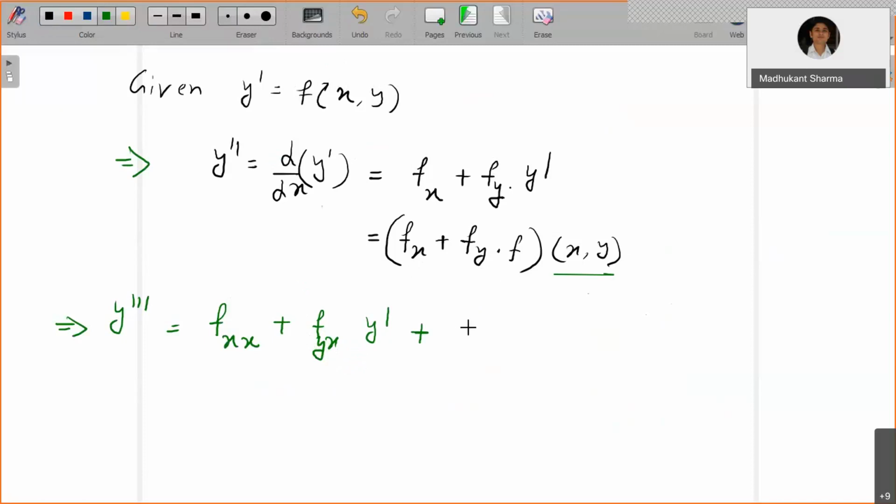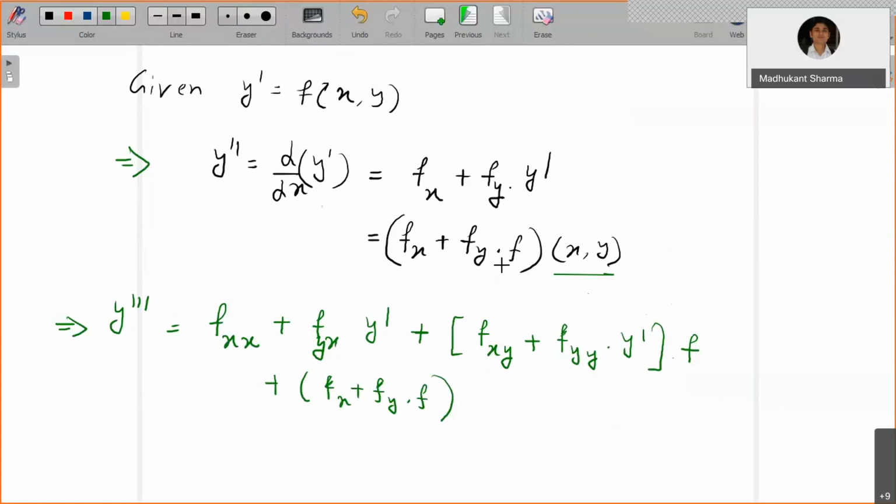The derivative of the first function is fy partial derivative with respect to x, so fyx, times dx by dx is 1, plus fyy times y dash, times the second function as it is, plus the first function fx plus fy dot f times the derivative of the second.